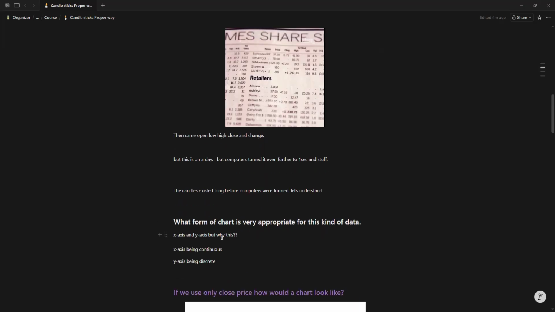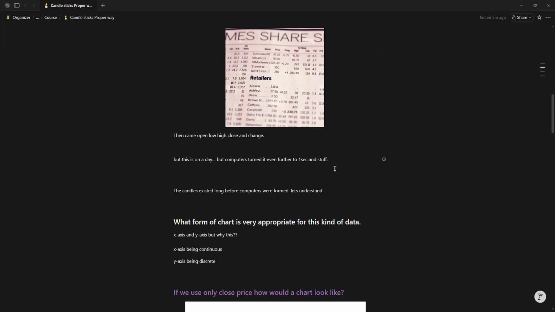Whenever you look at a candlestick chart, you will see an x-axis and a y-axis. But why this? On the x-axis, we start from zero and keep going on. The axis is continuous, so there's no proper definition of how much price can move in a given candlestick or time frame, whether 1 minute, 1 second, or 1 hour.